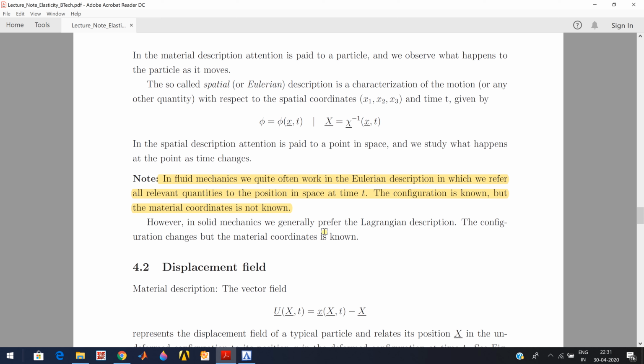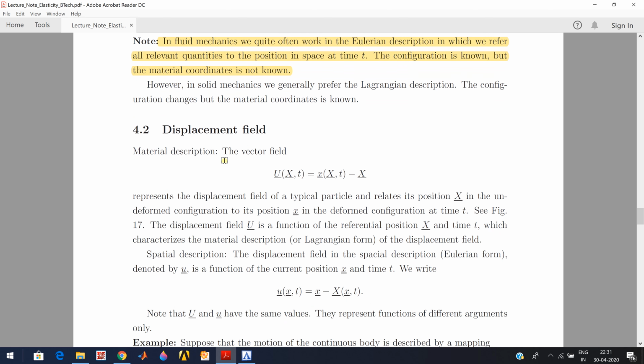So here you know the position of all the material points within the structure, and your focus is on the material points. That's why in solid mechanics we mostly follow the Lagrangian description or the material description. Okay.